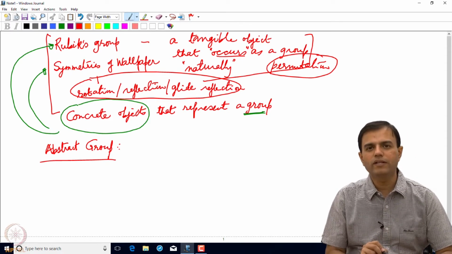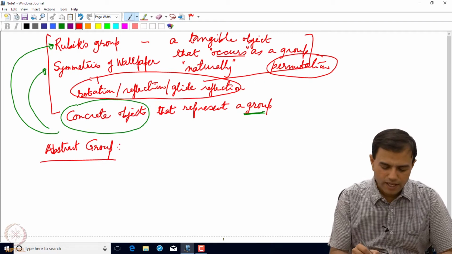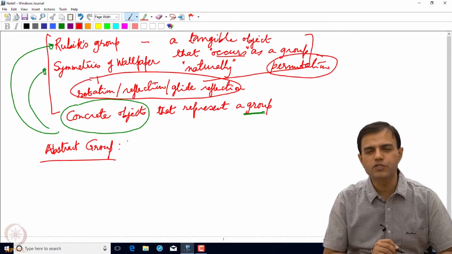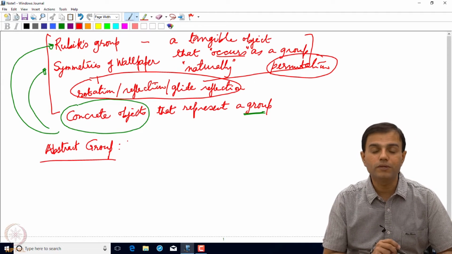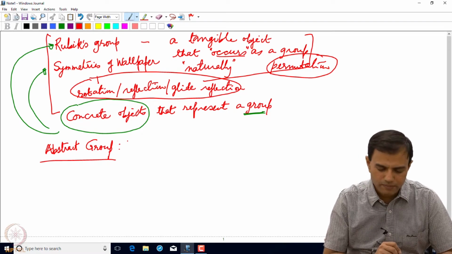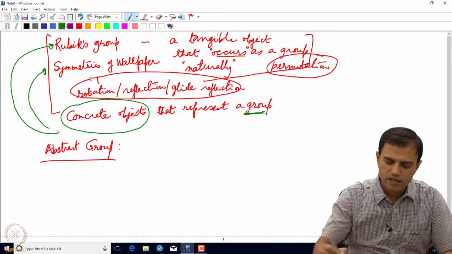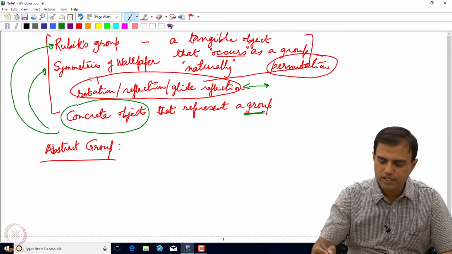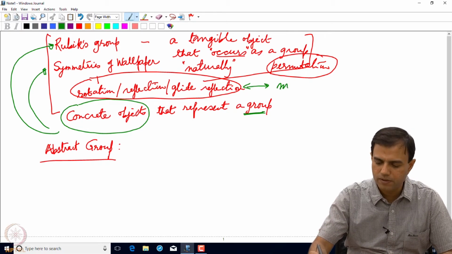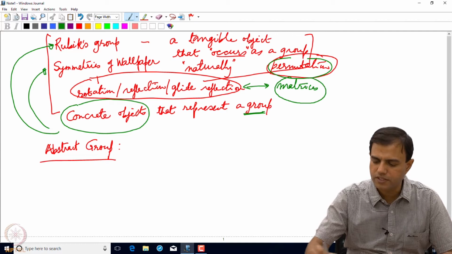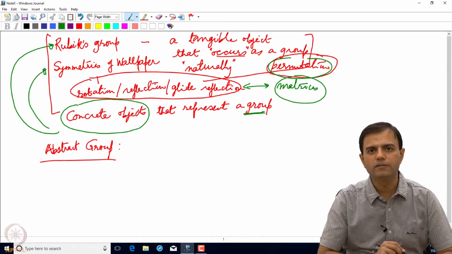So here is something quite interesting. Any abstract group can be understood in terms of permutations. Any abstract group can be understood in terms of matrices. I hope you recall that for rotation and reflection yesterday we were talking about matrices. So these two keywords, permutations and matrices, they are quite concrete, right?